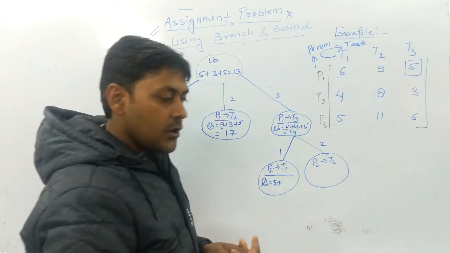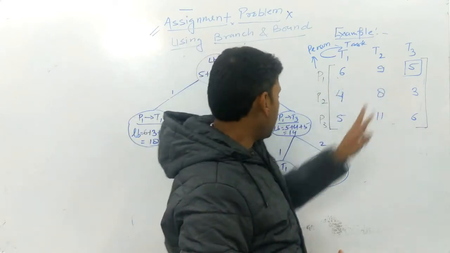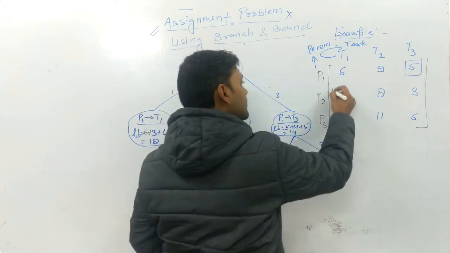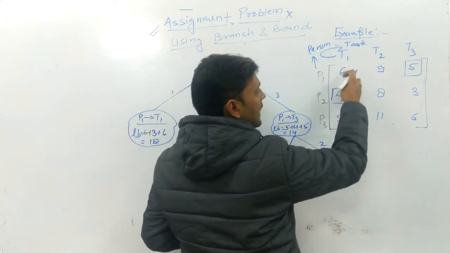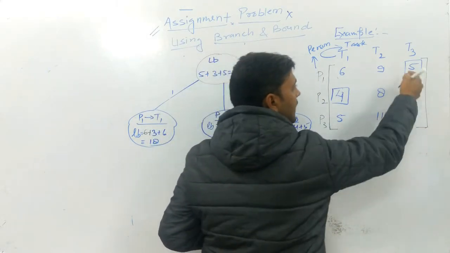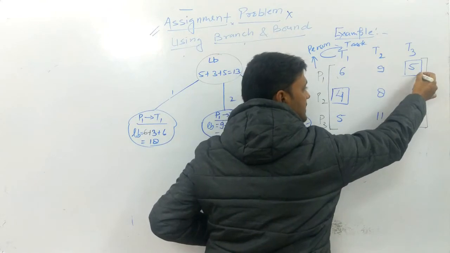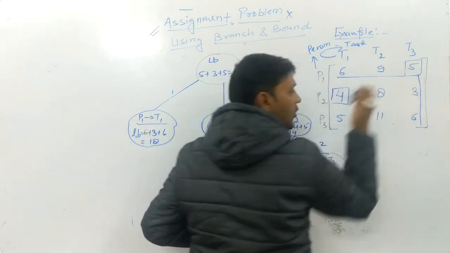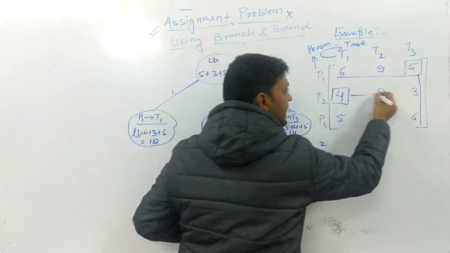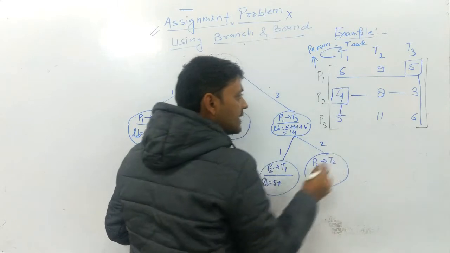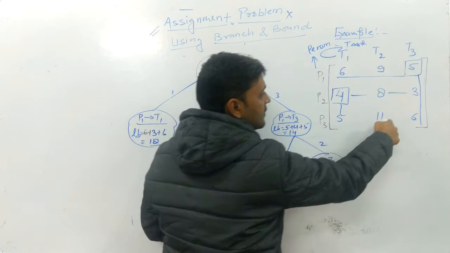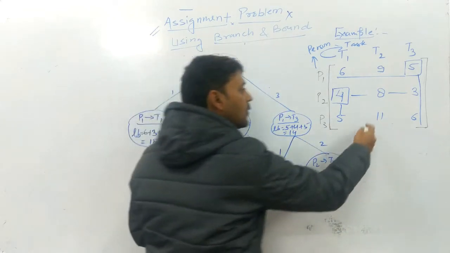Next, P2 performs T1, this is fixed, that means this row, this column and this value are fixed. And if P2 performs this one, then first row and second column are fixed. The remaining value is as usual 5 plus 4 plus, and for P3 the bound is only 11.